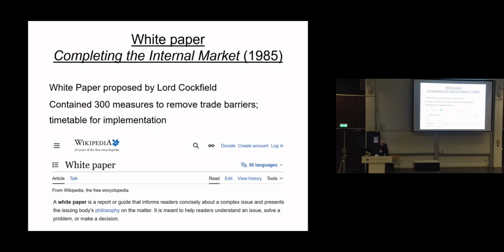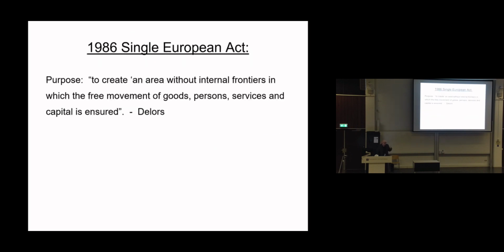So the way out of the economic crisis was deeper European integration, removal of trade barriers, and making it easier to trade, and hopefully that would lead to economic growth.